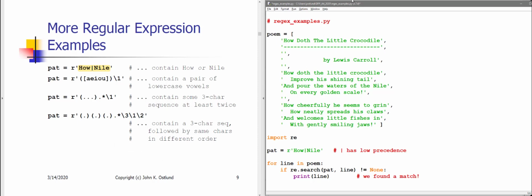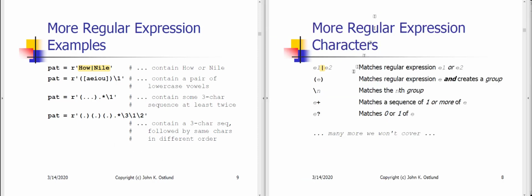Now we can use parentheses to match a regular expression and also to create a group containing that pattern. The importance of groups is that we can then refer to those same groups later by their number. If I have one set of parentheses, that creates one group, which is group \1.